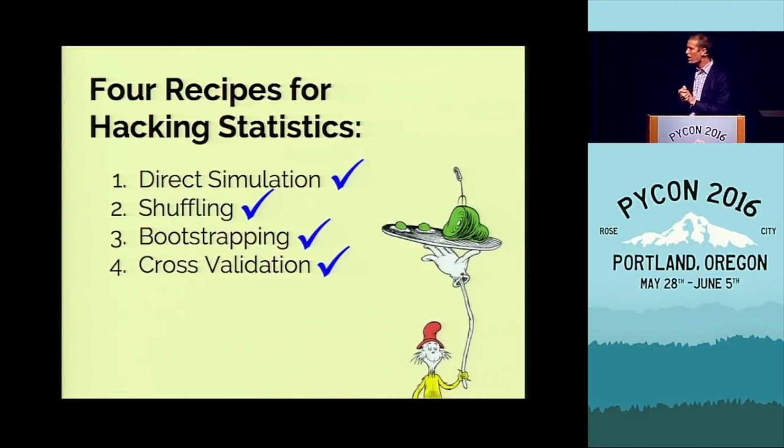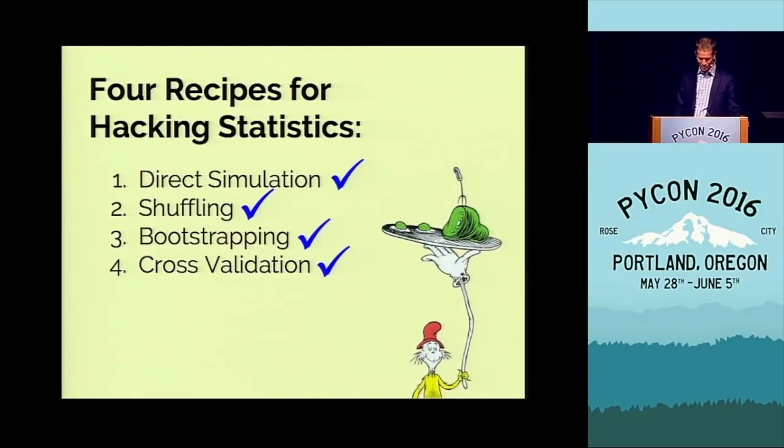You can do bootstrapping, where you're drawing with replacement and computing a statistic, computing a distribution of those statistics. And then cross-validation for comparing models, where you don't have an a priori statistical way of looking at those model comparisons.